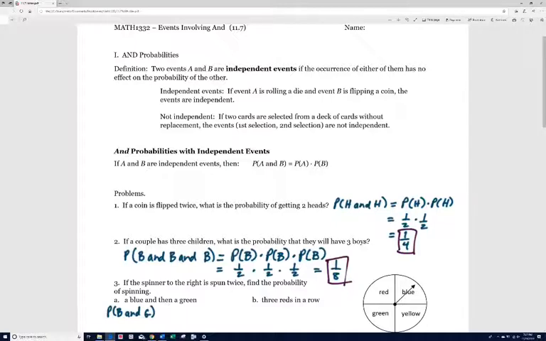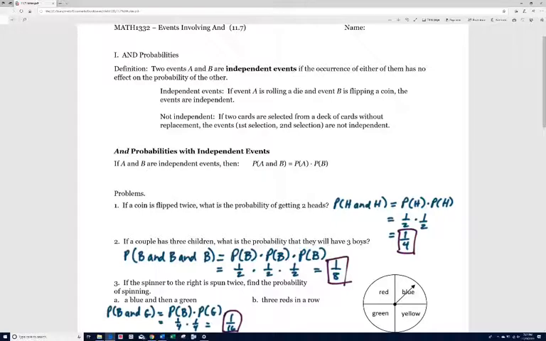The first event has no effect on the probability of the second, so these are independent events. So the probability of getting blue and green is the probability of getting blue times the probability of getting green. Each time we get 1/4, and when you multiply you get 1/16. So there's a 1 in 16 chance that you'll get a blue and then a green.